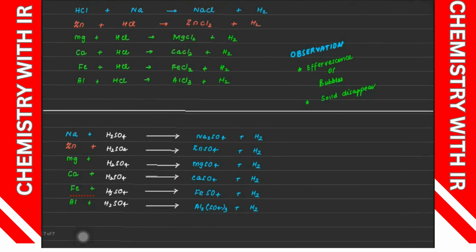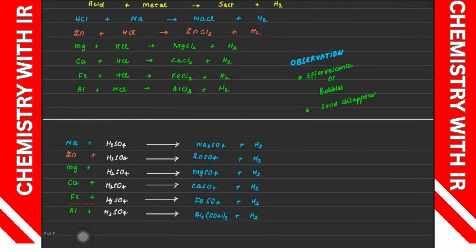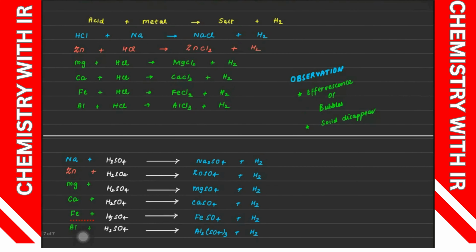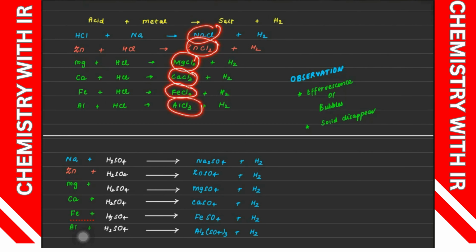And sometimes the examiner asks you to write the word equation. Whenever your acid is hydrogen chloride, hydrochloric acid, the salt would be sodium chloride, zinc chloride, magnesium chloride, calcium chloride, iron chloride, aluminium chloride, that is, metal chloride.